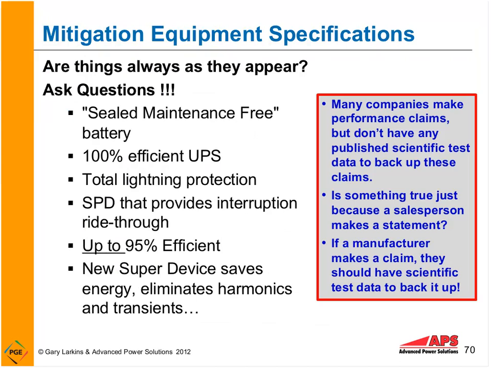So sometimes we'll see, especially in rural areas, people will come through with a new super device that saves energy, does everything, including washing dishes and mowing your lawn. Again, we have to be careful about those performance claims. Show me some scientific test data that backs up your claim. In some cases, these folks use a lot of testimonials, but they don't have any true scientific data to back those claims up.